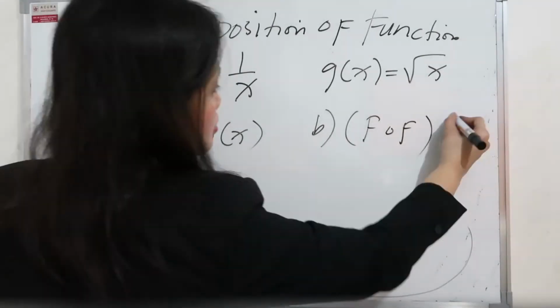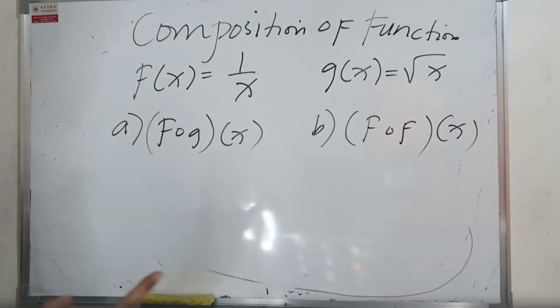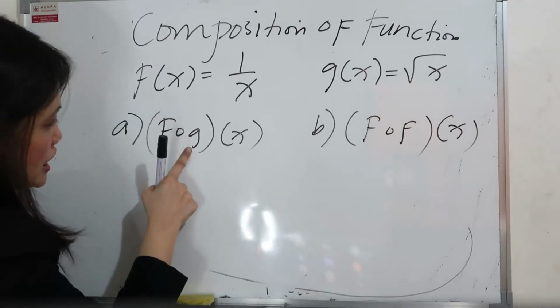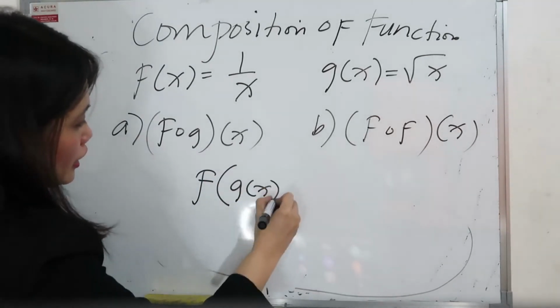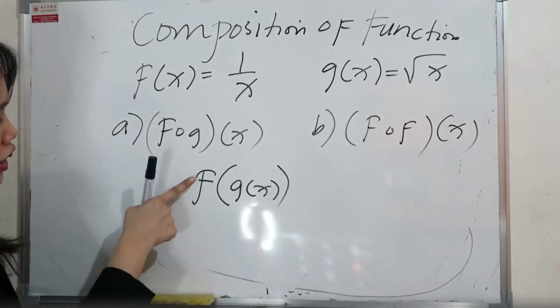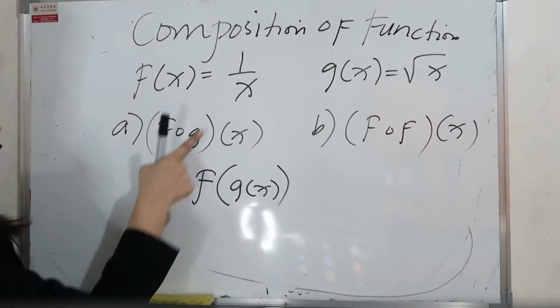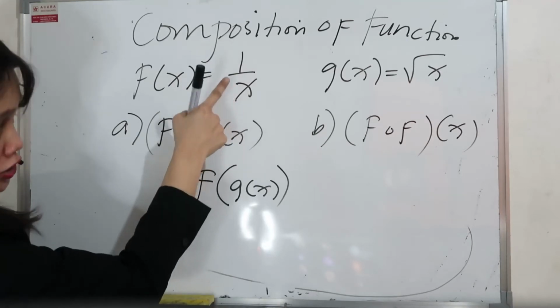So how do you do that? f of g of x. What do you mean by that? What is your f of x? It's 1 over x. That's your f of x.